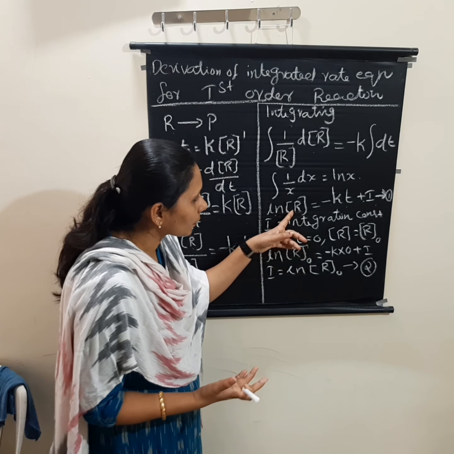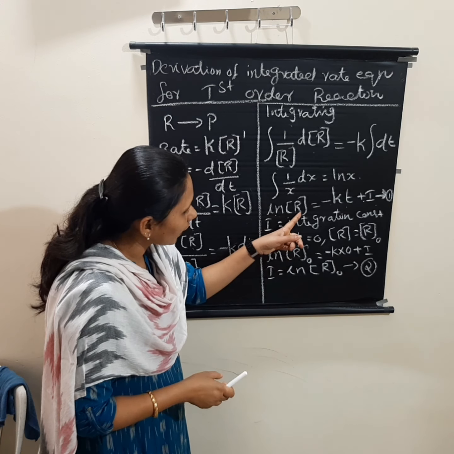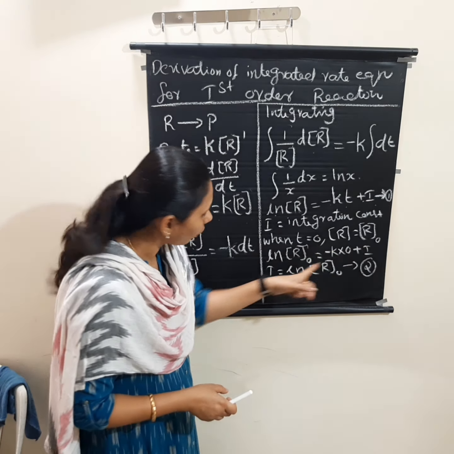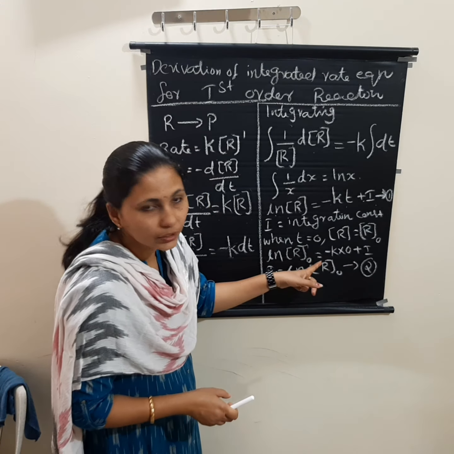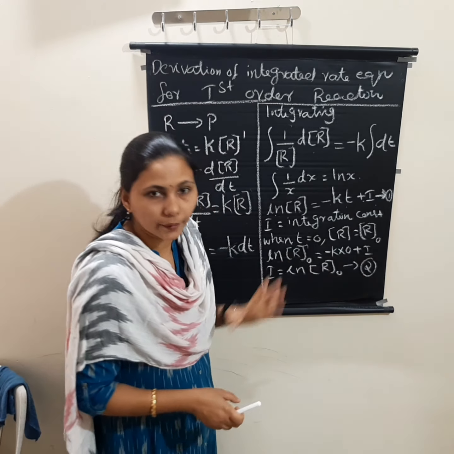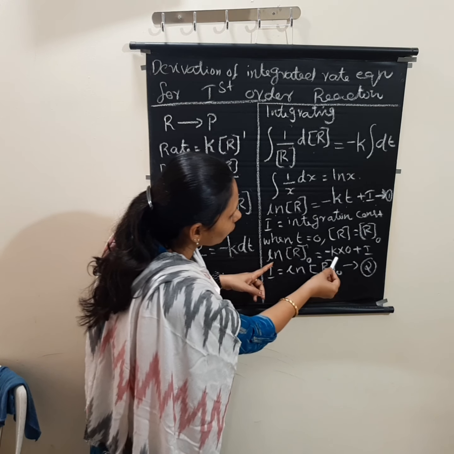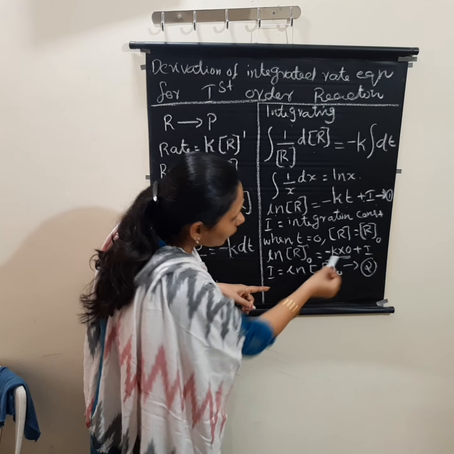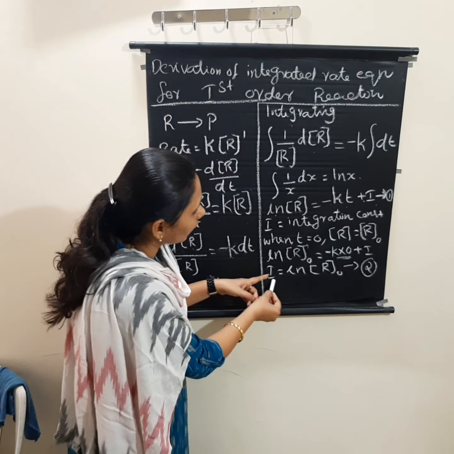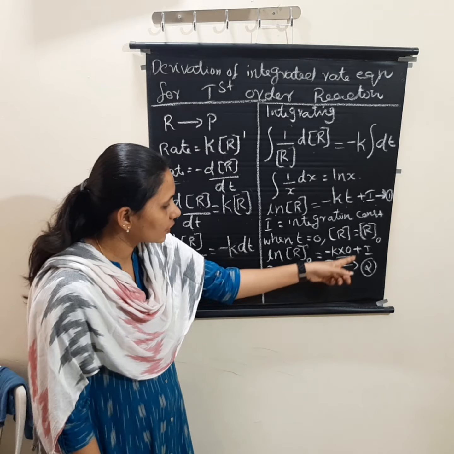We substitute these values in equation 1, so we get ln [R]0 equal to minus K into 0 plus I. This part becomes 0, so we get I equal to ln [R]0.